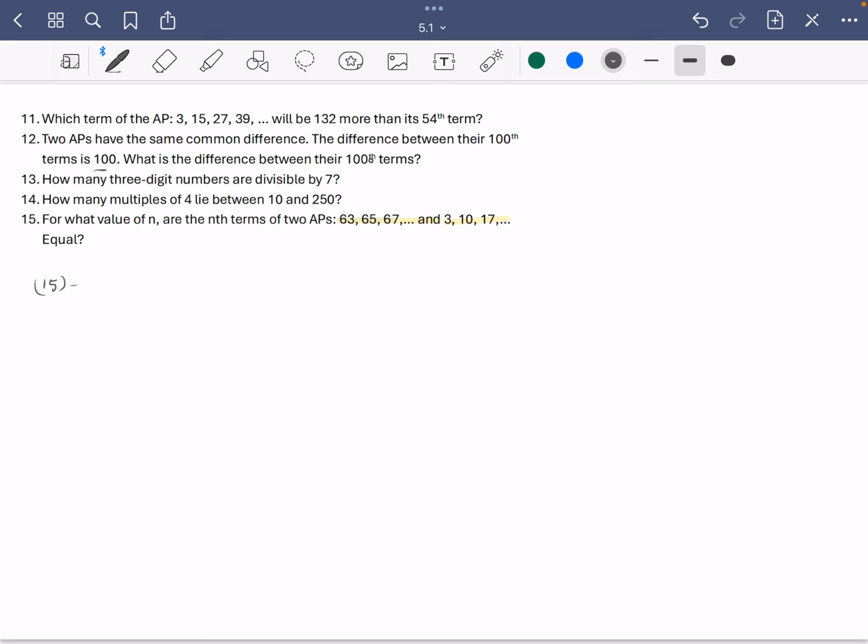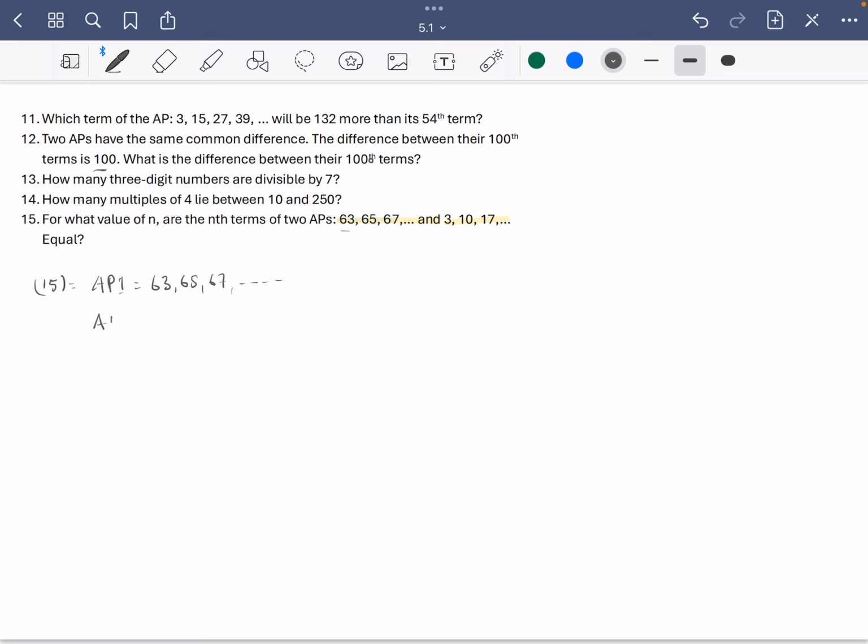So any term or nth term in each of the AP, let's say the first AP, an is going to be a, here is 63 plus... let me first write down the AP. First AP is 63, 65, 67 and so on.